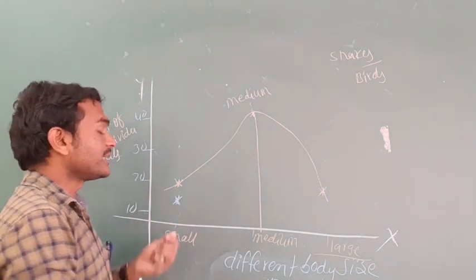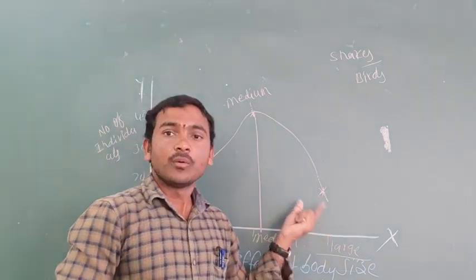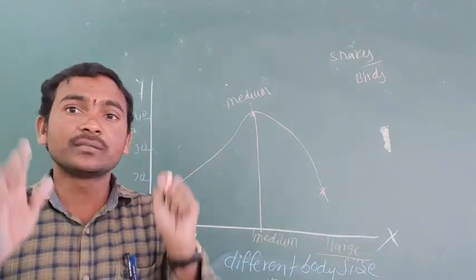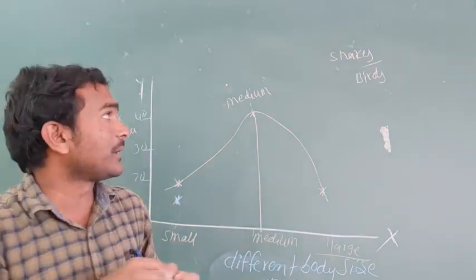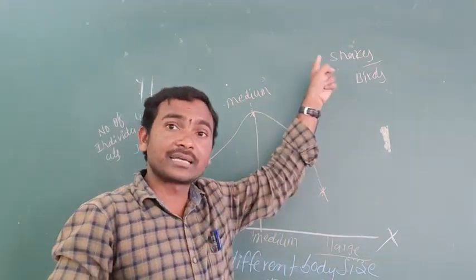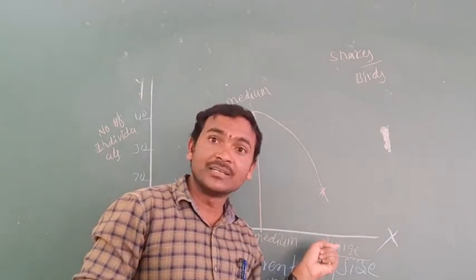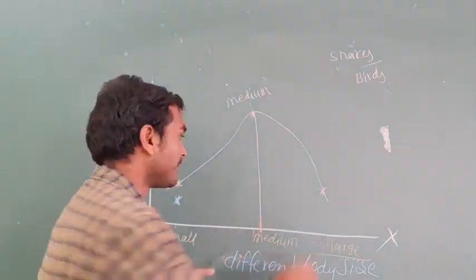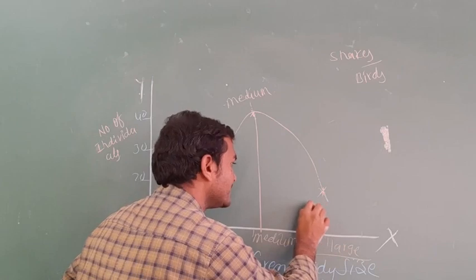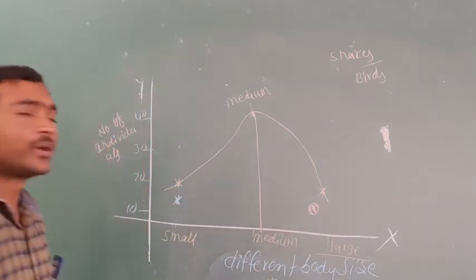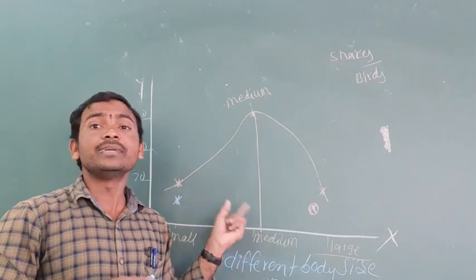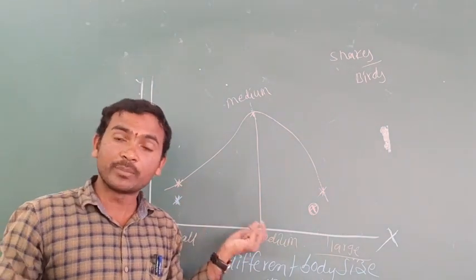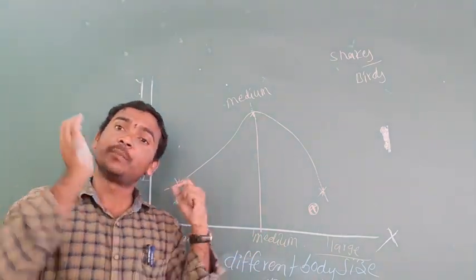Next, the large lizards. The size is very high, so either a bird or a snake can easily detect the large lizards. That's why the large lizard number is also going to reduce. Now we come to the medium lizards. They easily escape because they are developed, not much larger, not much smaller.